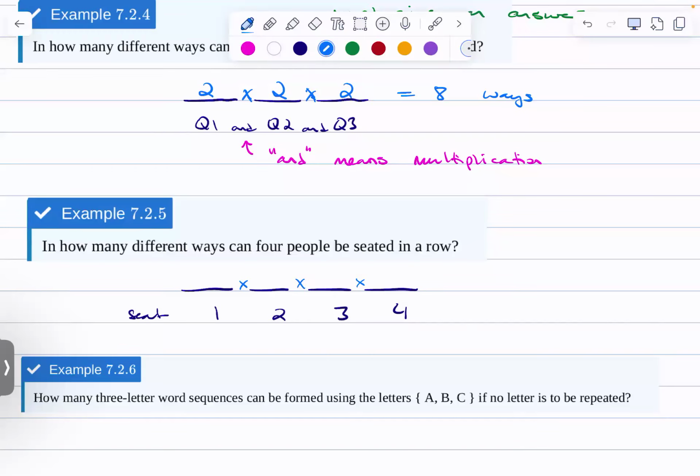Now, here's the pickle. If you have 4 people, then for the first seat, you have 4 people to choose from. But now one of those 4 is seated there, right? Which means that I have only 3 people for the next seat.